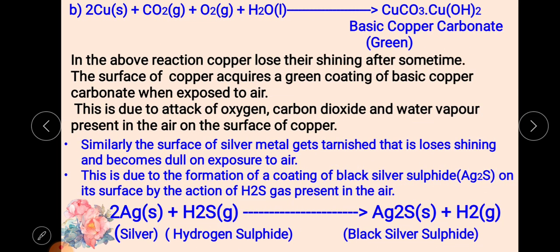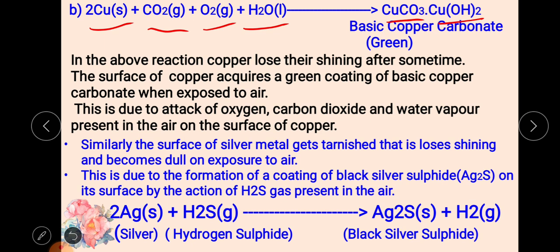Next, not only iron gets a brown flaky substance; other metals also change color. When copper reacts with carbon dioxide, oxygen and water in liquid form, we get basic copper carbonate, CuCO3.Cu(OH)2.